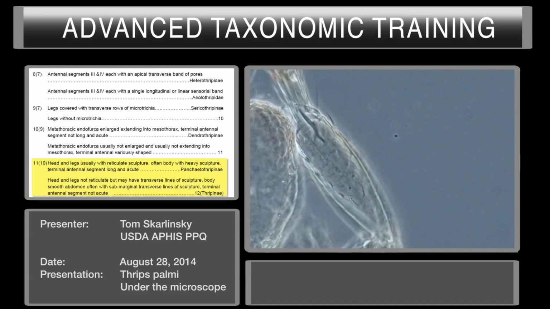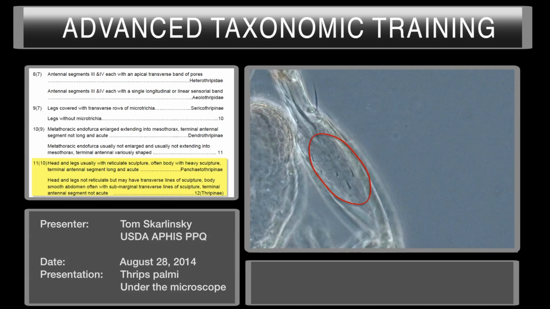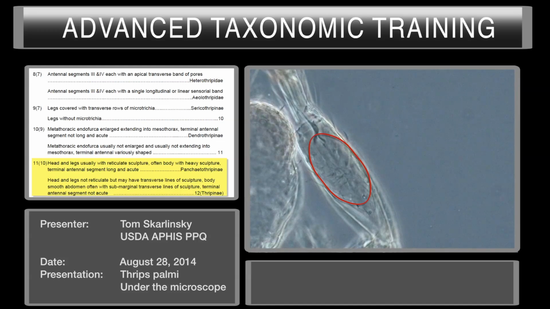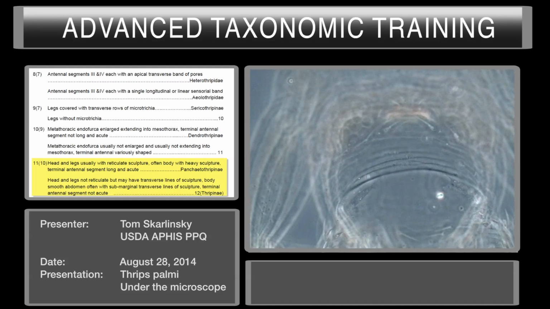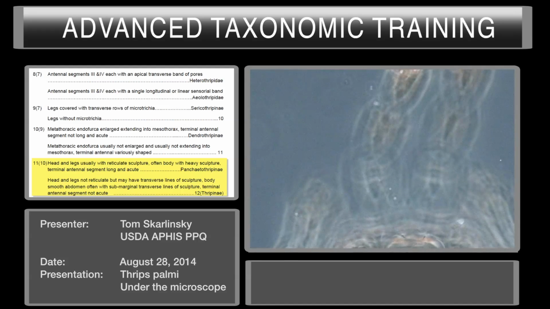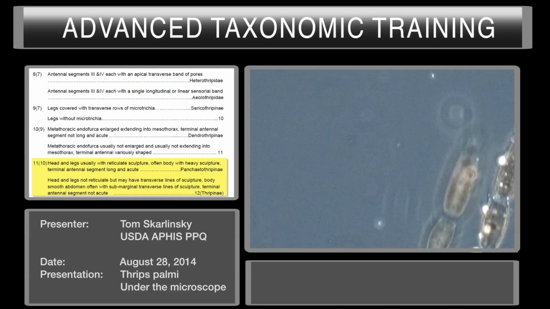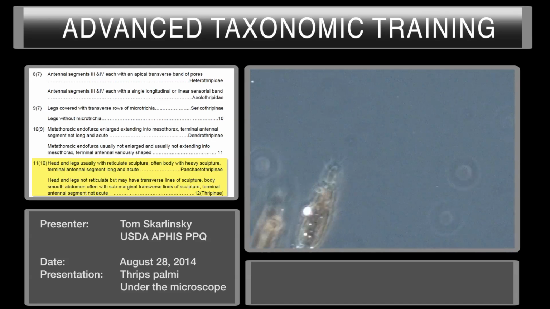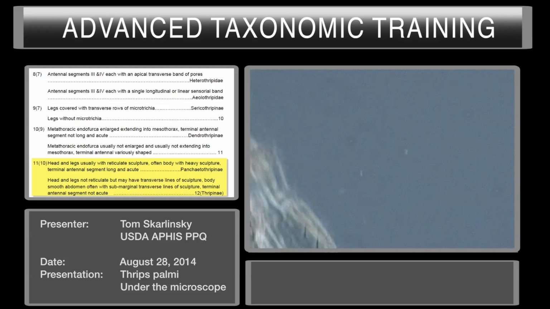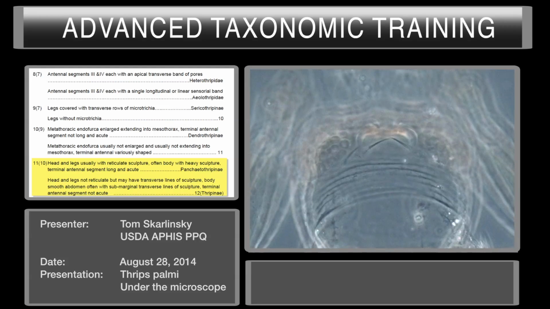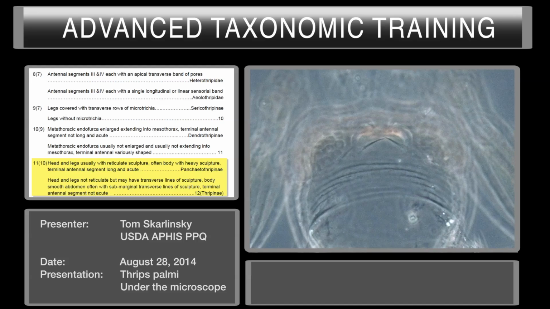They have some striations, but clearly no closed cells or heavy reticulate patterns. And we had already determined that our unknown didn't have a long acute terminal antennal segment. We do not have reticulation, so we have a Thripini.